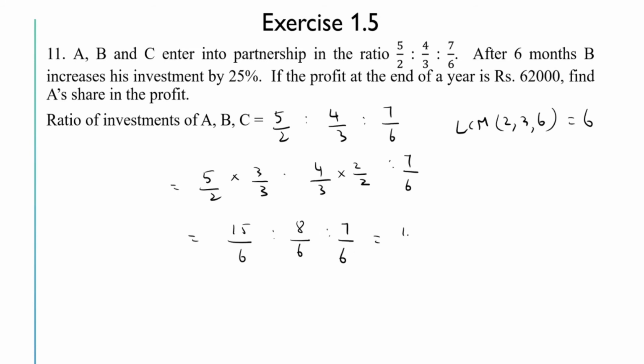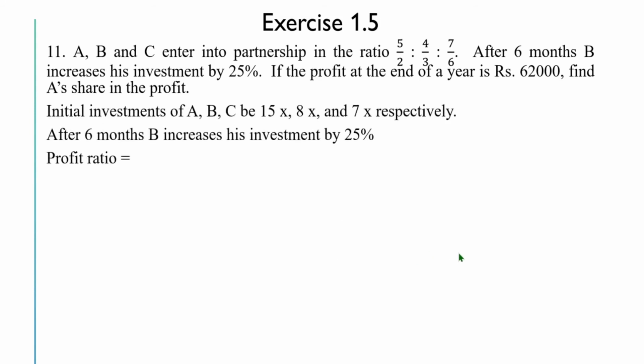Or the ratio of the investment is 15 : 8 : 7. So we can take the investments of A, B and C as 15x, 8x and 7x. That is, the initial investments of A, B and C will be 15x, 8x and 7x respectively.